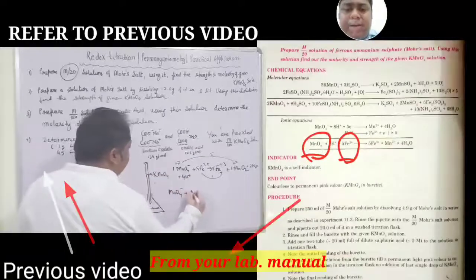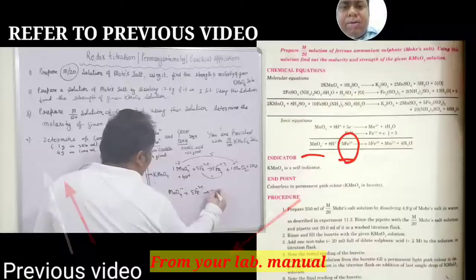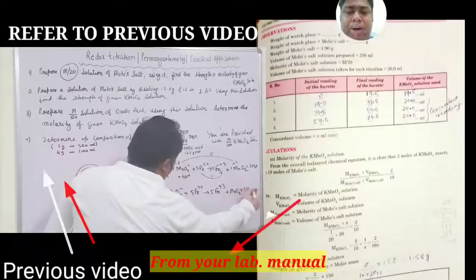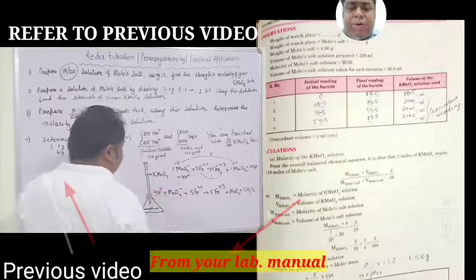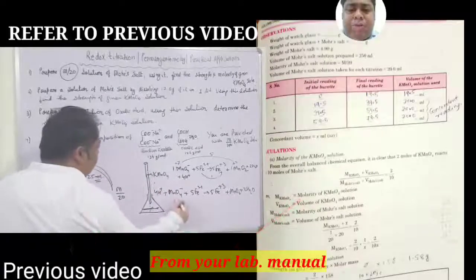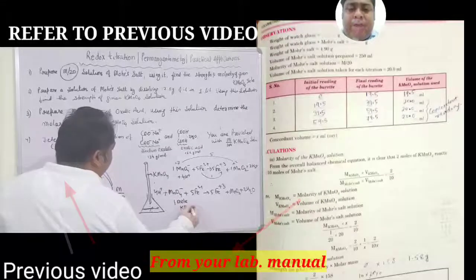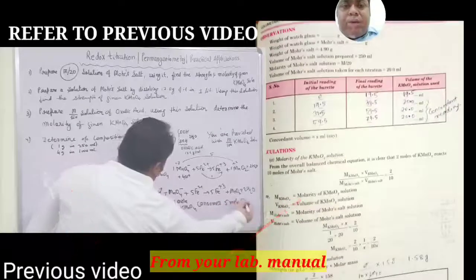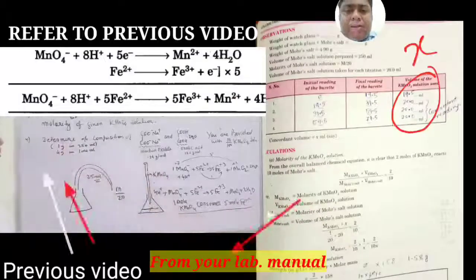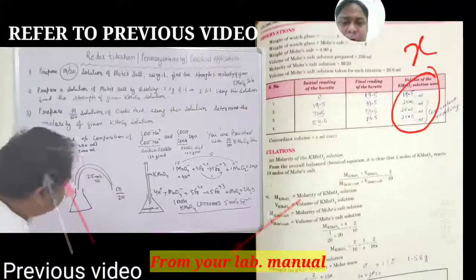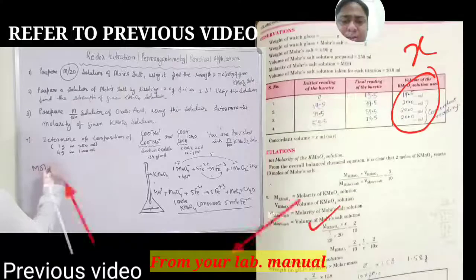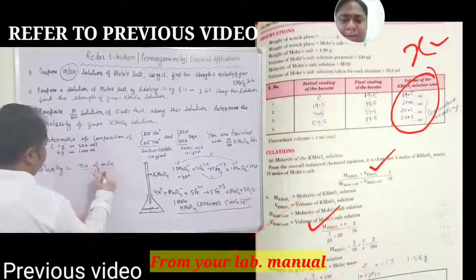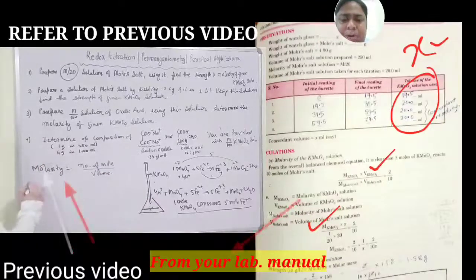So from here I am getting the equation that number of moles of KMnO4, found out by multiplying molarity of KMnO4 with the volume of KMnO4, divided by number of moles of Mohr's salt will be equal to 1 by 5 or 2 by 10, you can write down. So let this value which we have got through experiment be equal to X. So we can write down molarity of KMnO4, which is not known to us, has to be found out, multiplied by the volume which I took to be X, divided by M by 20 of Mohr's salt solution which we had prepared.